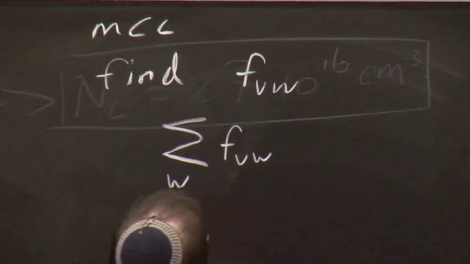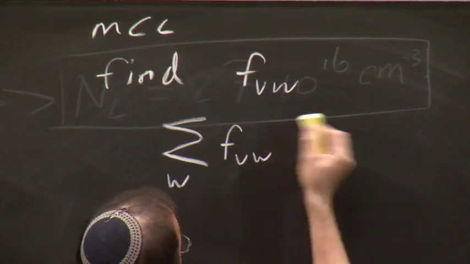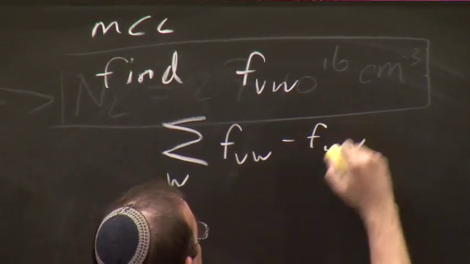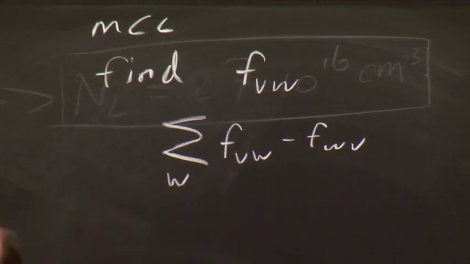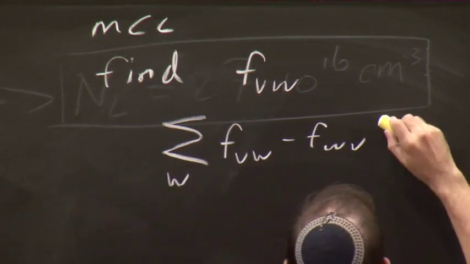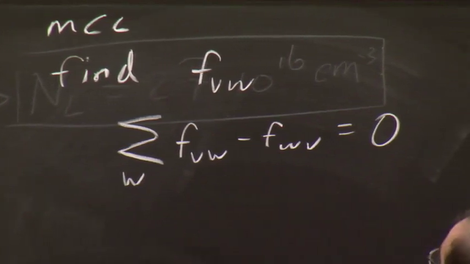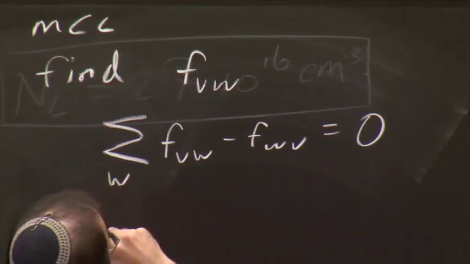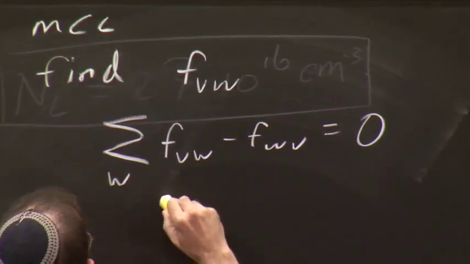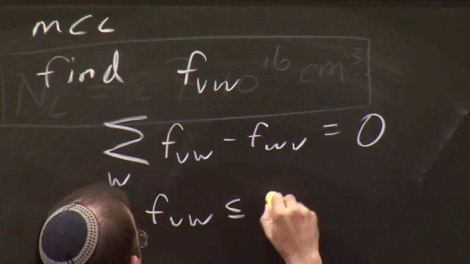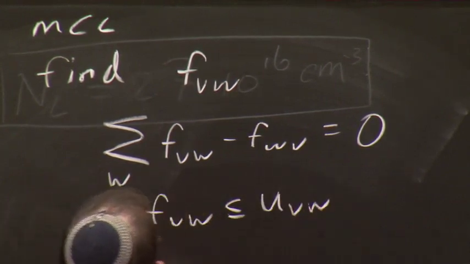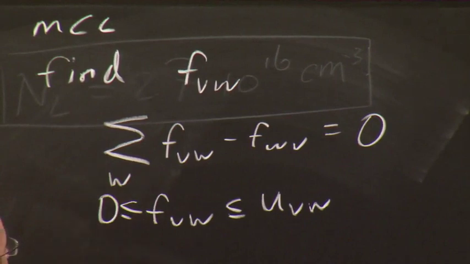So we want the sum over w's of the flows from v to w minus the flow from w to v, if I'm looking at flow on edges, should be equal to 0 everywhere. And I want to set the flow on v to w to be at most the capacity of the edge from v to w. I'm going to make it positive.